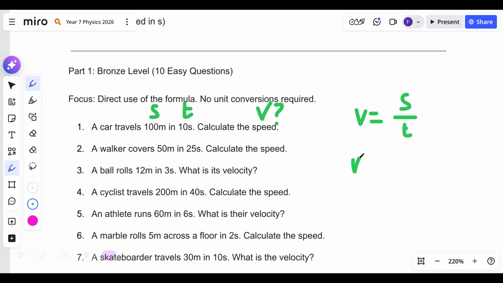And then you substitute your values in. S is 100, it's displacement. Careful, it is not speed. Divided by time, T, which is 10. 100 divided by 10 is 10. V equals 10 meters per second.